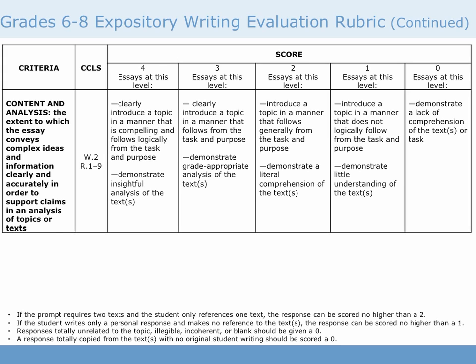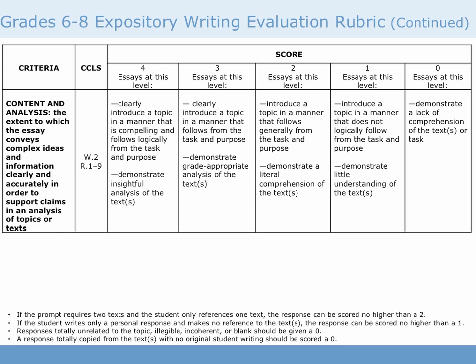So you notice that the first one, essays at a level 4, are compelling and they follow logically. At level 3, it says nothing about them being compelling, but it says that they follow from the task and purpose. Let's look at the first bullet in level 4.